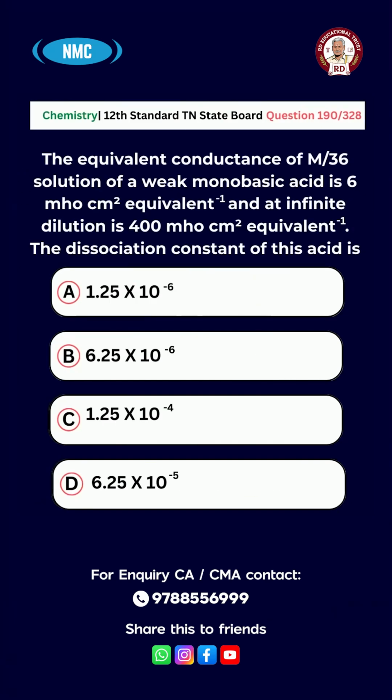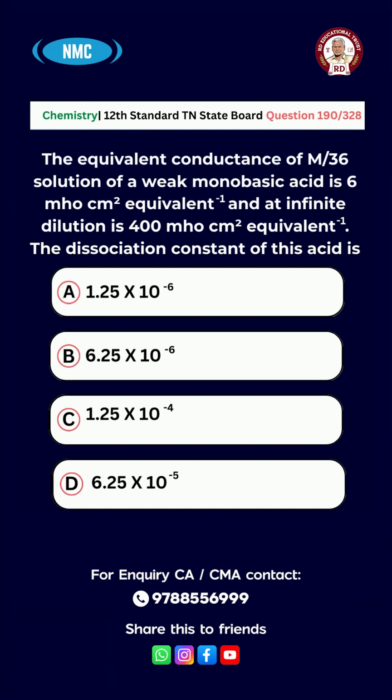Question number 190. The equivalent conductance of M by 36 solution of a weak monobasic acid is 6 ohm inverse centimeter square equivalent inverse, and at infinite dilution is 400 ohm inverse centimeter square equivalent inverse. The dissociation constant of this acid is: Option A. 1.25 into 10 to the power minus 6.